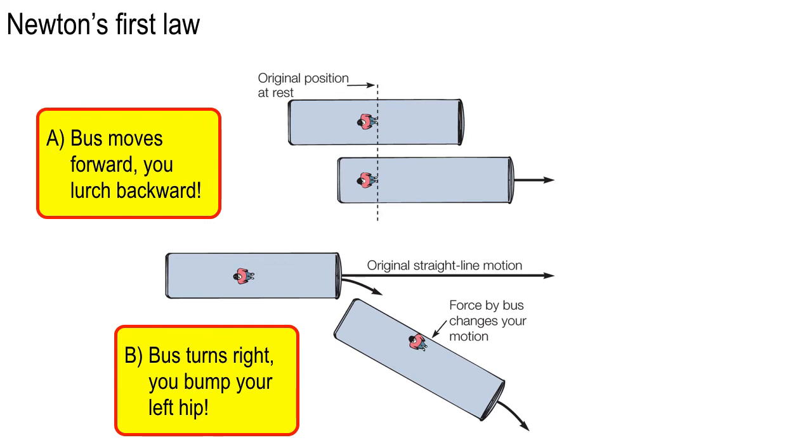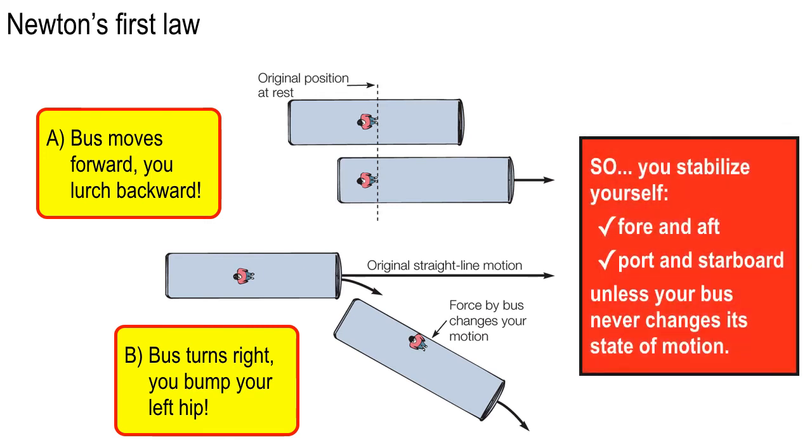With the roads as bumpy as ours are, and those drivers. But if the seats are bolted down, then they go with the bus, but you don't have to, unless you stabilize yourself fore and aft, port and starboard. Then you can stay with the bus. Otherwise, you're going to take a spill.